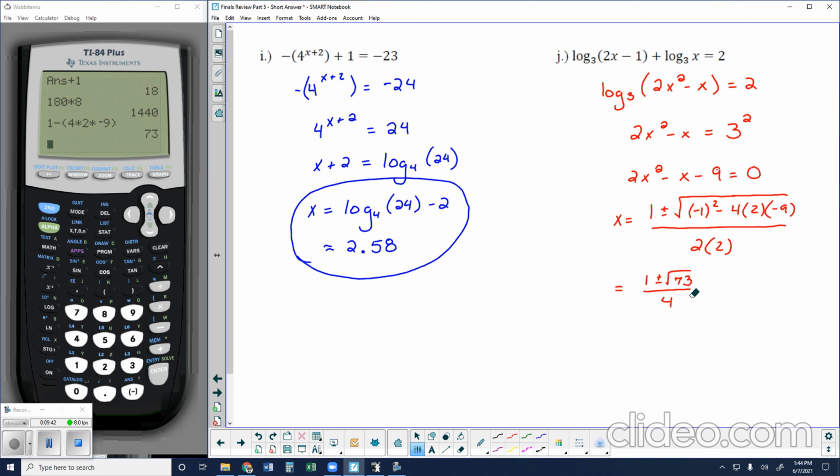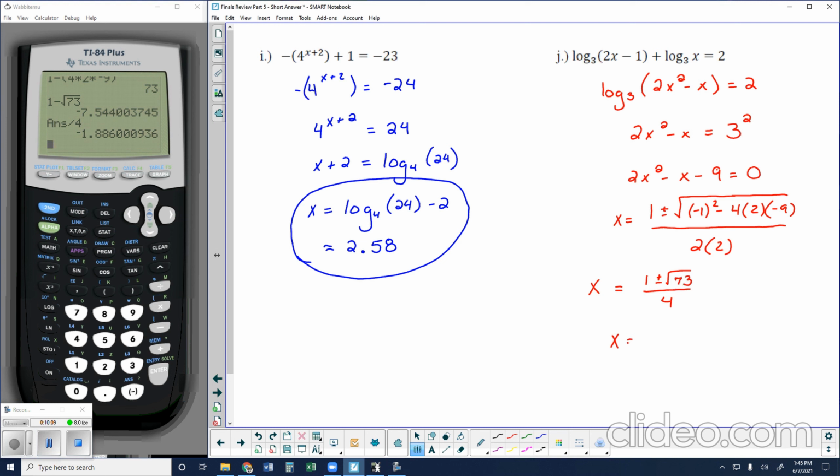Now, remember for logarithms that the input value of the logarithm has to be greater than 0. In my calculator, if I do 1 minus the square root of 73 and divide that value by 4, it's going to be a number less than 0. If I were to substitute that into this equation, it would not give me a correct solution.